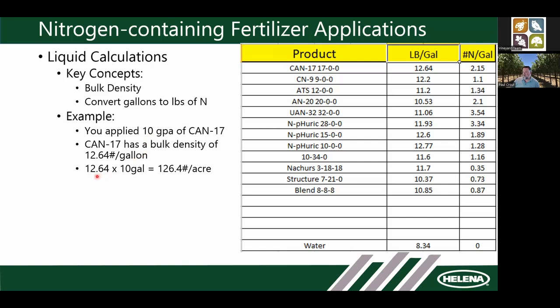So if you take 12.64, multiply that by 10 gallons, you have applied 126.4 pounds of fertilizer per acre. And then we convert that by the percent of nitrogen per pound. So 0.17, because it's 17%. And that gets us 21.5 pounds of N per acre.